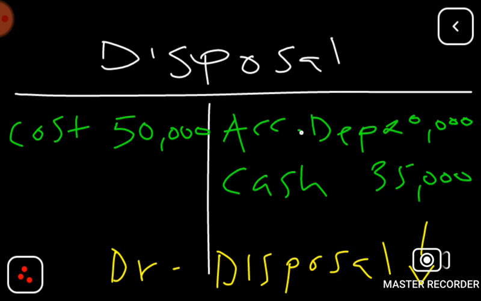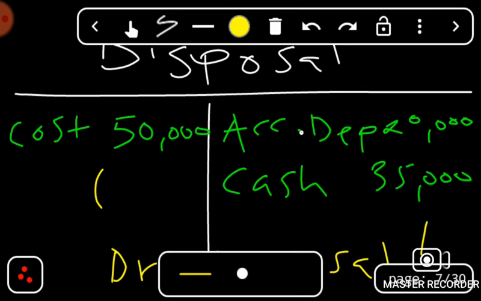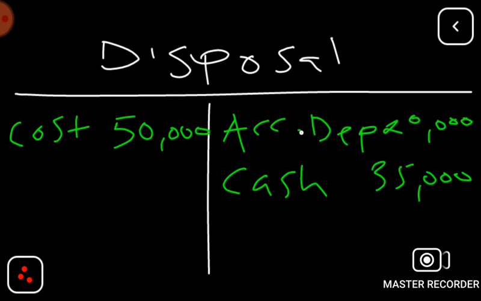Because if your debit side is lower, you're going to have the difference coming here. So you've made a profit on disposal, which means the cash that you've sold it at plus the accumulated depreciation has given you a profit. The opposite is also true. If your credit side, which is this side, is lower than your debit side, then you've made a loss on disposal.